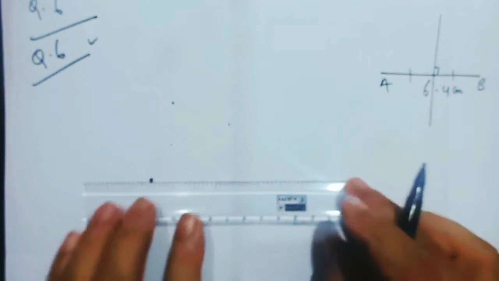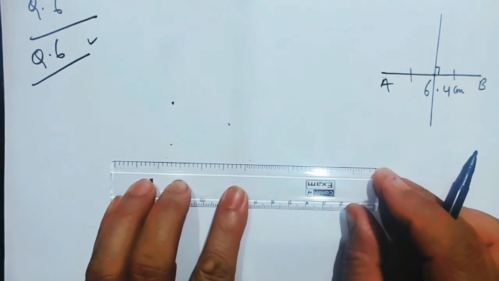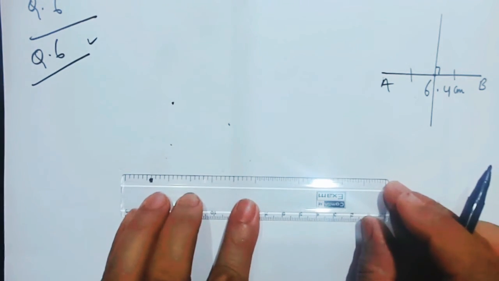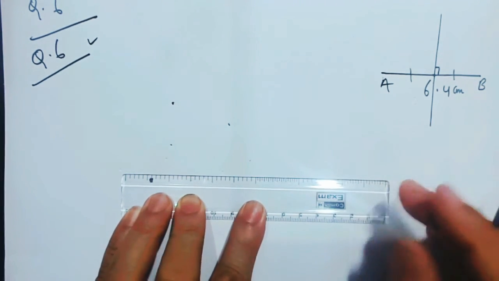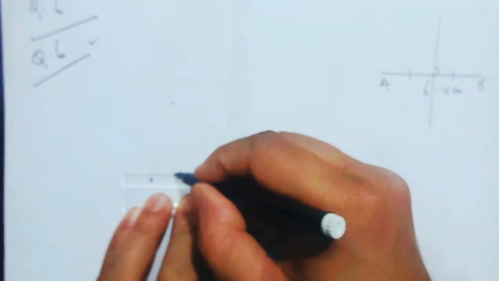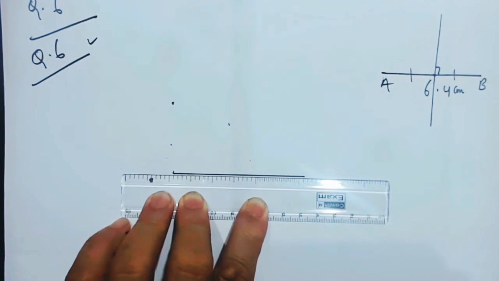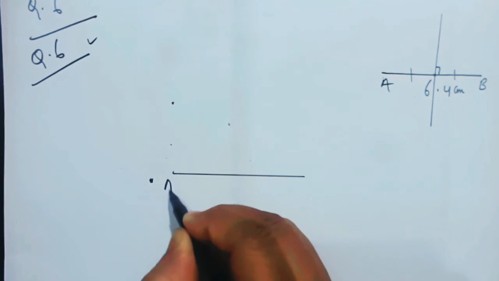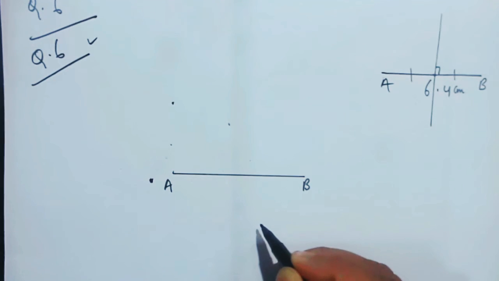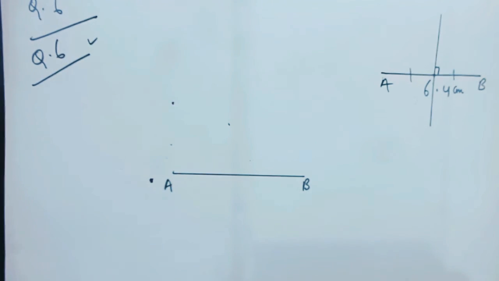So for that we had done this, I think, in the previous session, previous class. I will be taking a line, any length of the line. Let me see that the camera takes it properly. So this is my length AB equal to 6.4 centimeter.